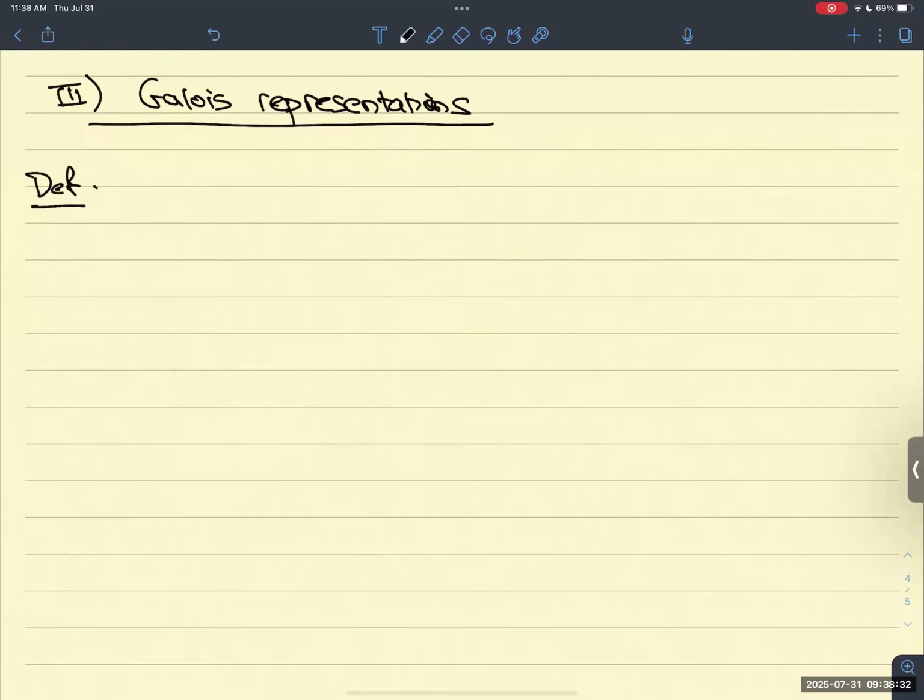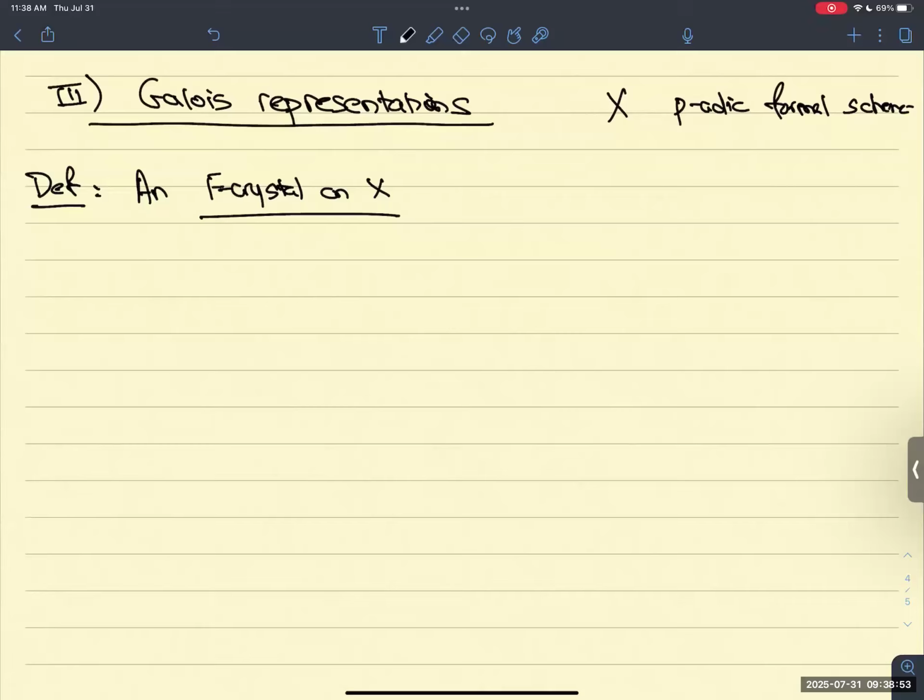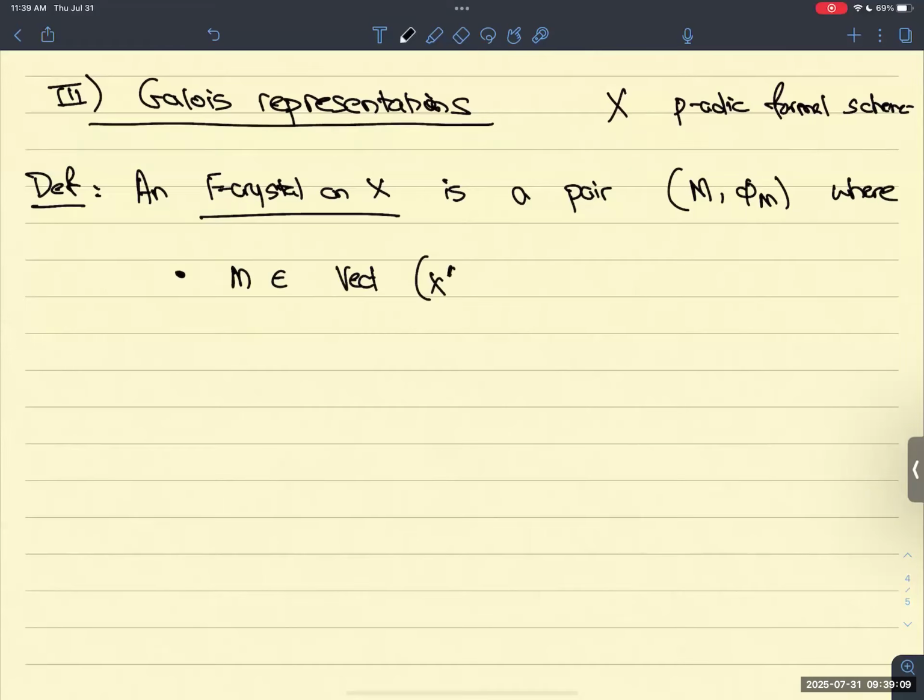So let me first define what an F-crystal is. So X is, again, a p-adic formal scheme. It's soon going to be something like Spec Z_p, or Spf Z_p. An F-crystal on X, and maybe there should be an adjective that says prismatic F-crystal, but we'll just drop it, is a pair (M, phi_M), where M is a vector bundle on the stack X^prism.